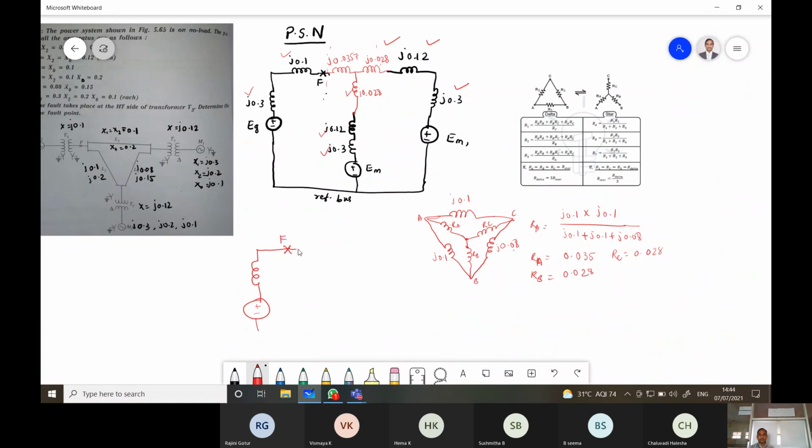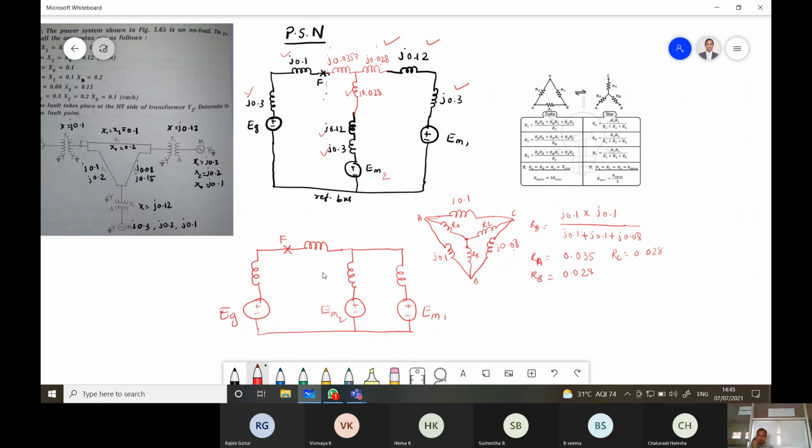Fault is there. After simplification, you will get like this. This is EM1, this is EM2, this is EG.